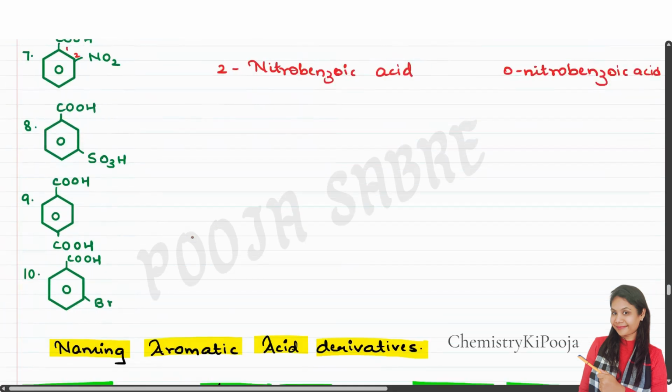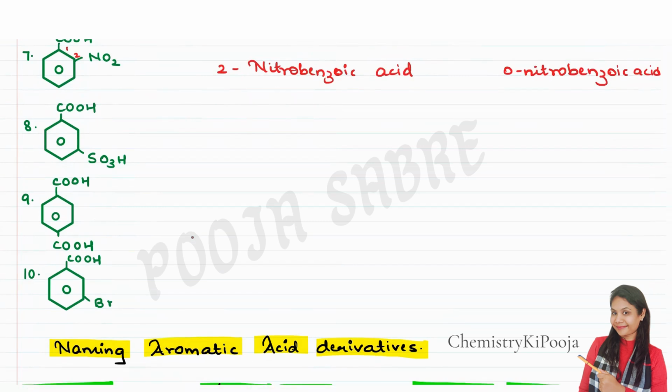Coming to the next one, we have COOH and SO3H group. Again, this is 3-sulfo. Here now, COOH and SO3H. So between these two, COOH will be given more priority.